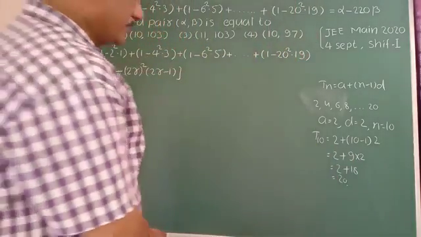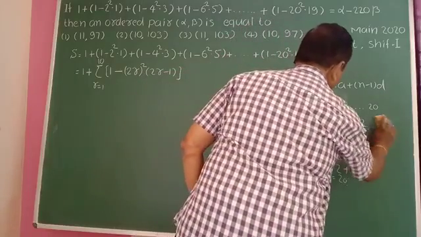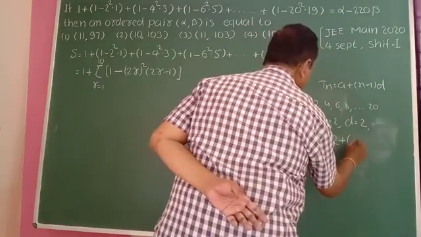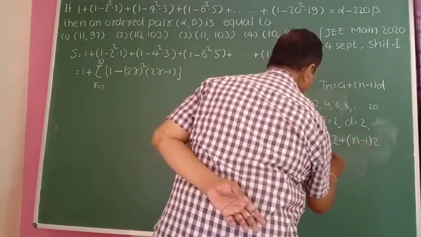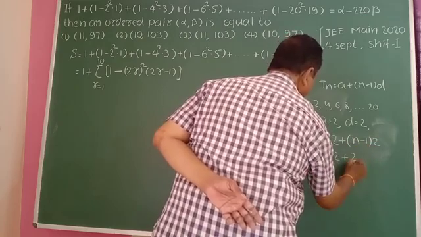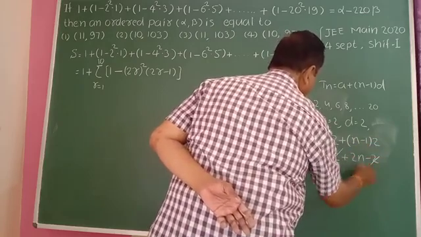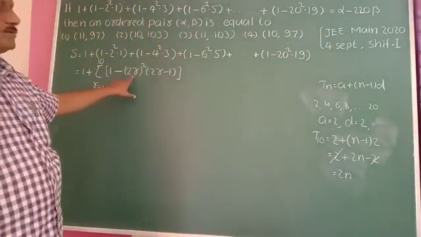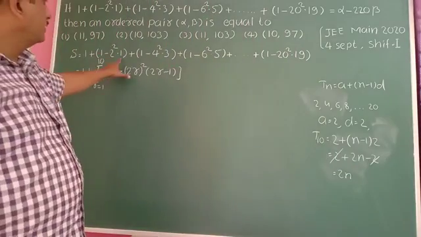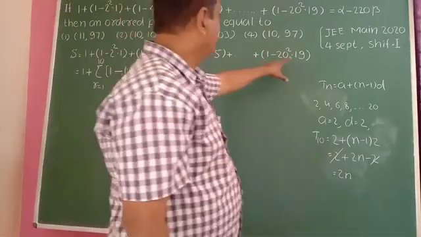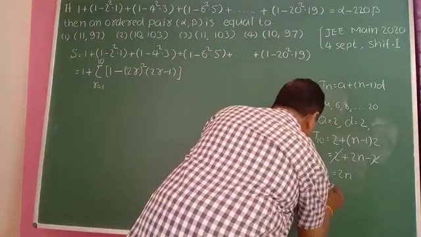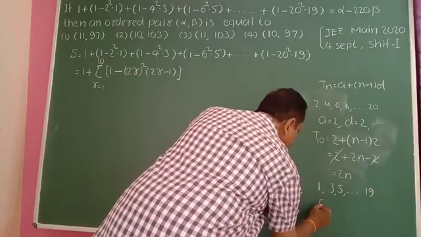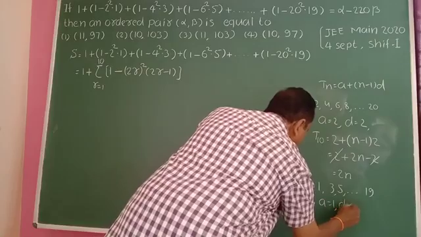Therefore we can take a plus (n − 1) into d: a value is 2, d value is 2. So 2 + 2n − 2, the 2 and −2 cancel, and the remaining is 2n, which is 2r if we take r. Similarly for 1, 3, 5 up to 19, a value is 1 and d value is 2.